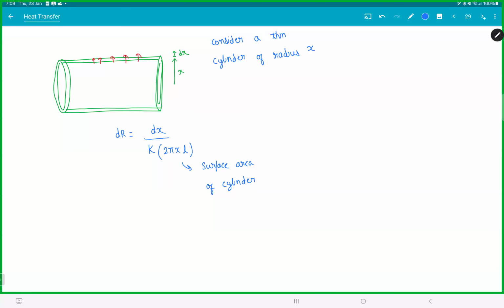Is the same current flowing through all of them? Whatever heat flows, the same heat will flow. So all are in series. These cylinders are in series. Why? Same heat flow per second.